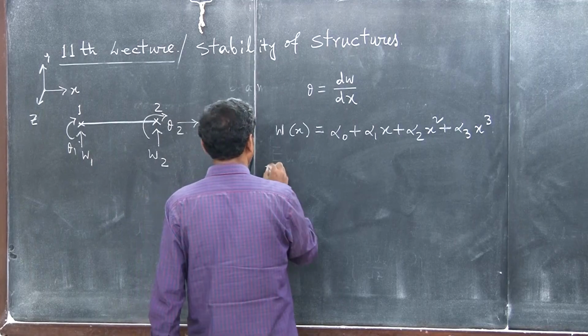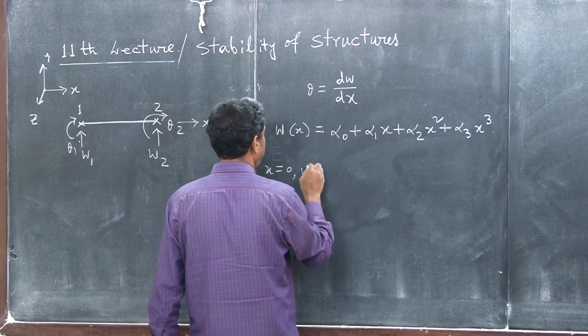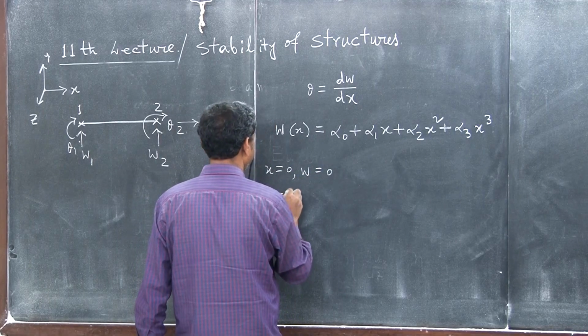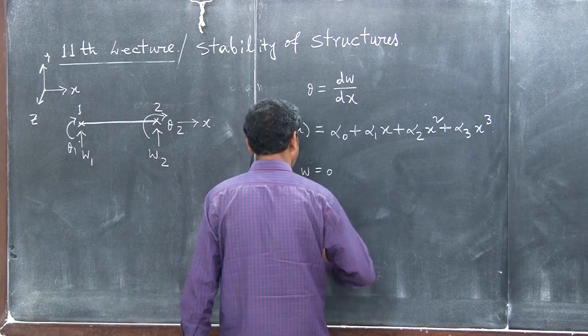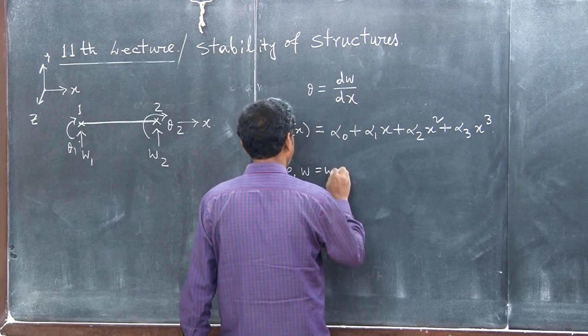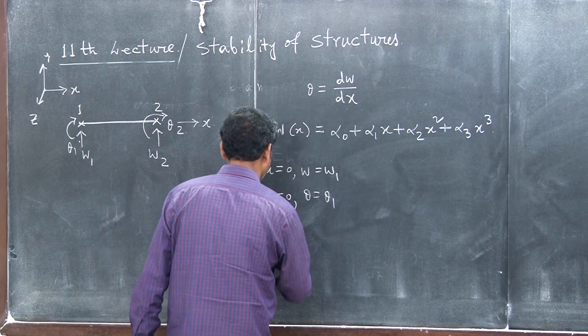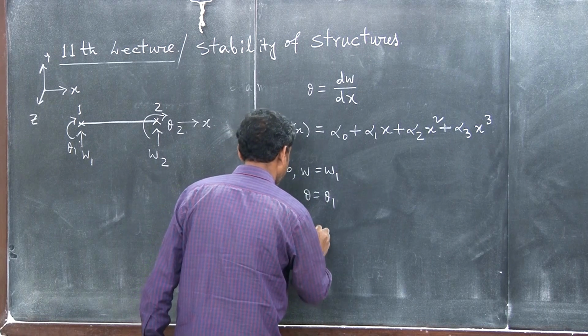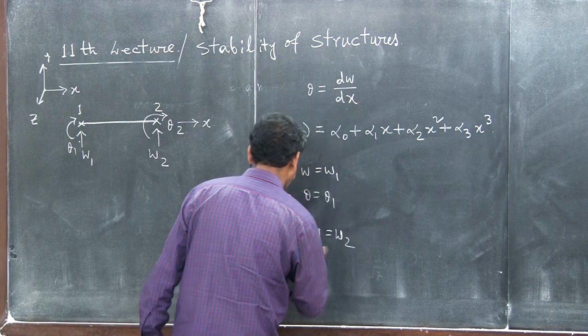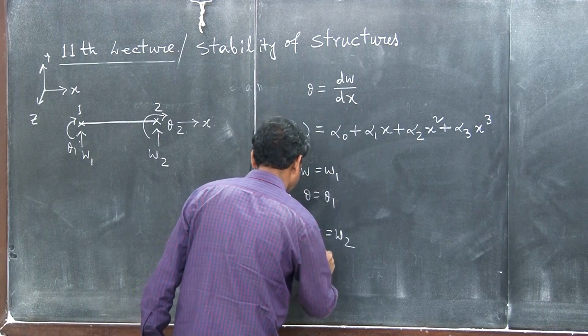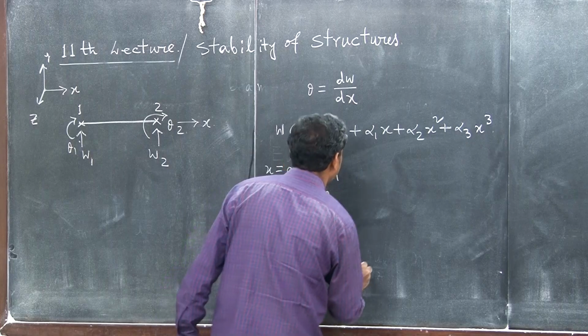Then I am going to put at x is equal to 0, W is equal to W1, theta is equal to theta 1, and at x is equal to L, W is equal to W2, theta is equal to theta 2. This we are going to do.